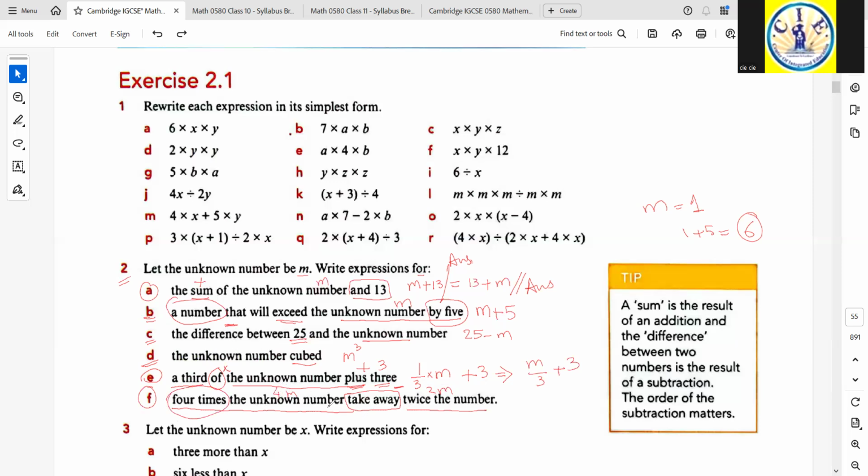So simplifying it, we can have the expression to be 4m, take away means subtraction, minus, and then twice the number, which means 2m. So this is it. Now we can further simplify it as well. 4m minus 2m, that is 2m. So this is how question number 2 had to be done.